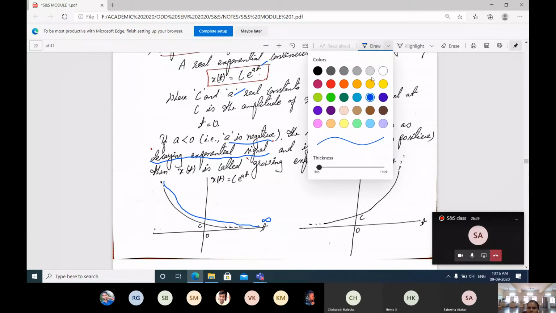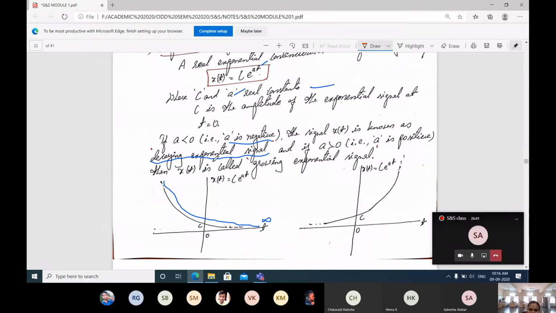Next, when a is greater than 0, when a is a positive value, what will I tell? The signal x of t is growing exponentially. Growing exponentially means it goes on increasing, and till where it is reaching, we don't know.